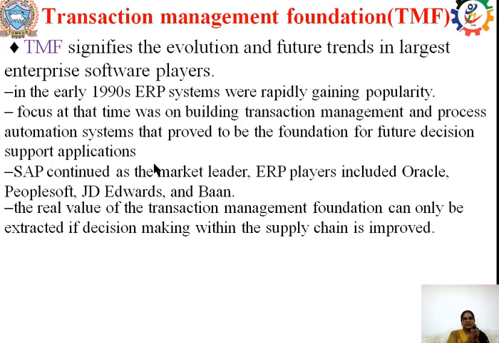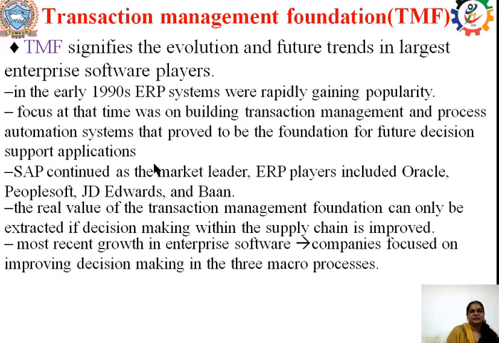That means there should be integration between them, and ultimately it leads to decision making. So the most recent growth, that is the current and future trend, is focusing on decision making. As I already told you, decision making systems are becoming more and more popular.